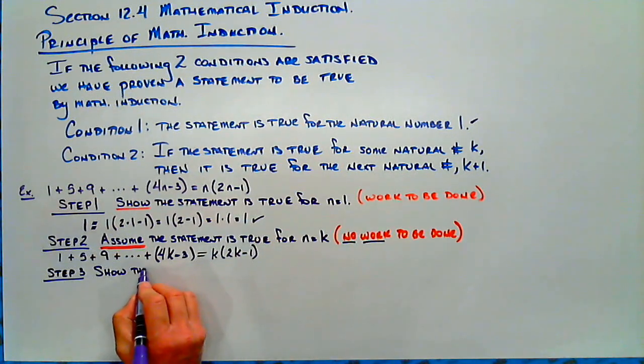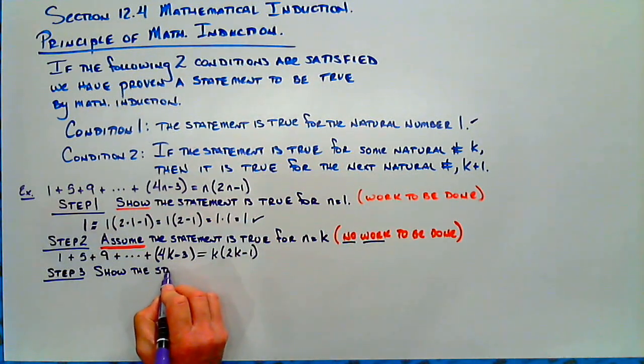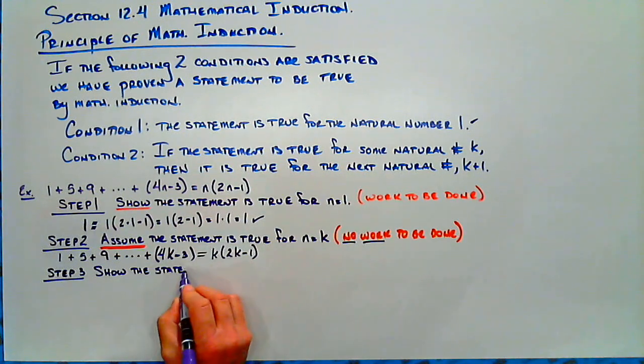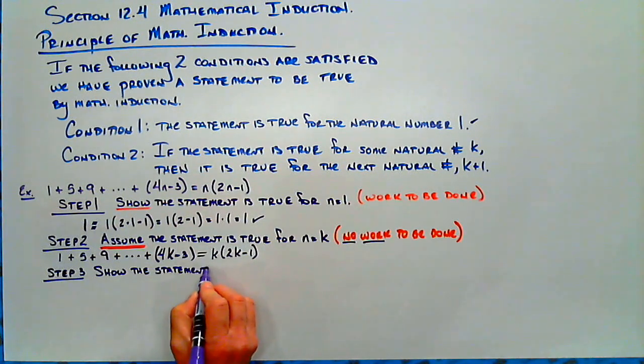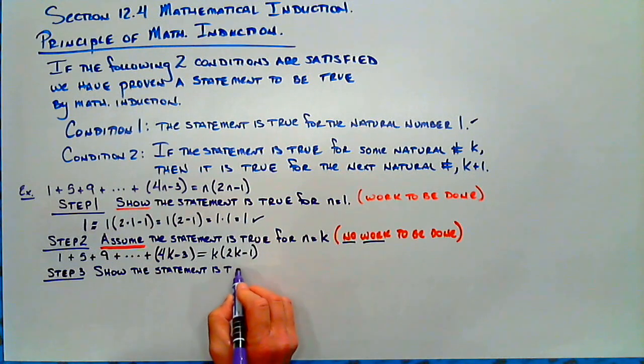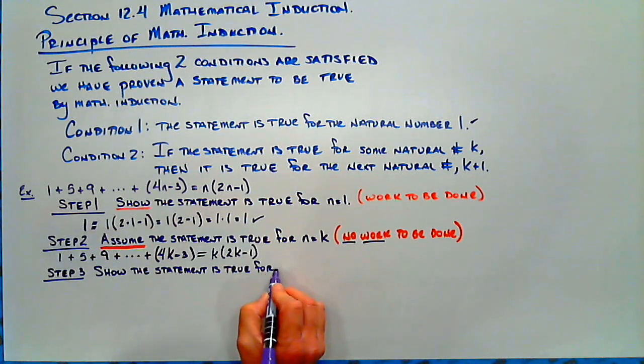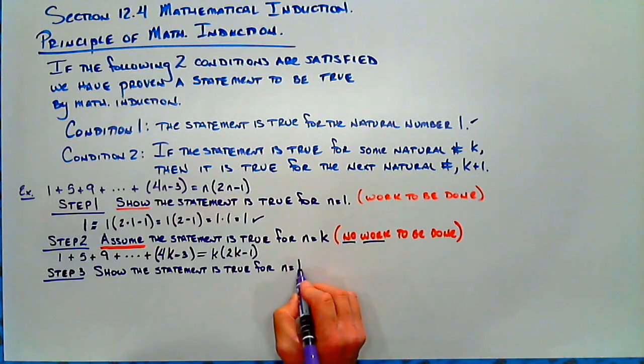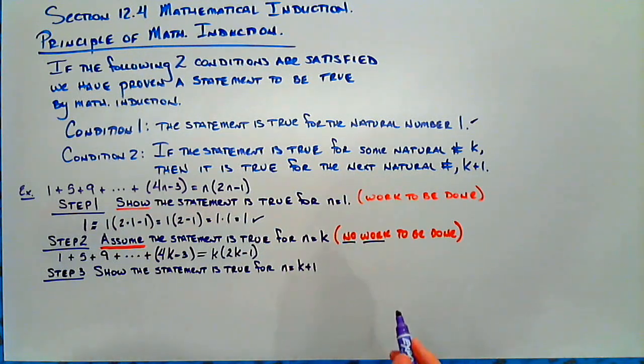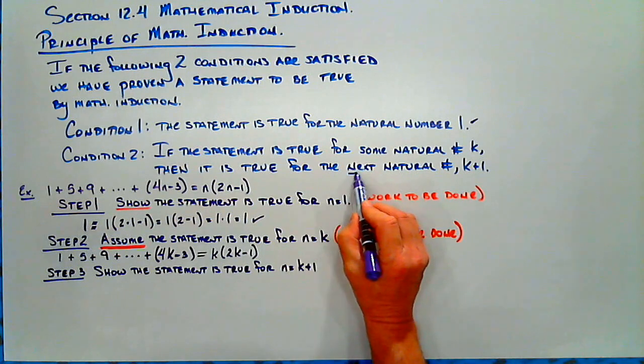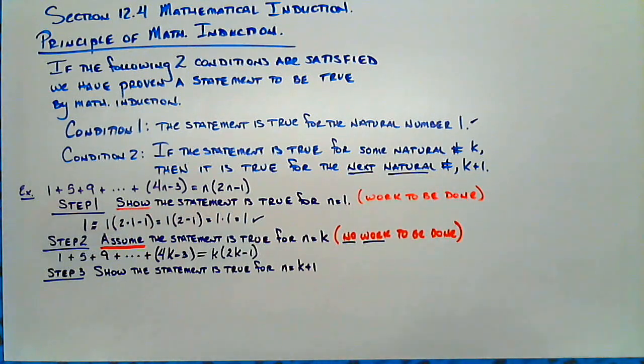Show the statement is true for n equals k plus 1. I have to show it's true for the next natural number, right? The next natural number is k plus 1.